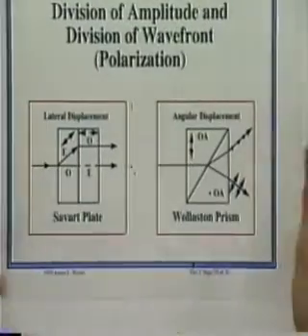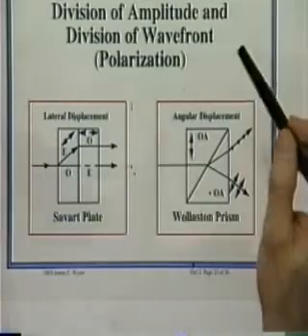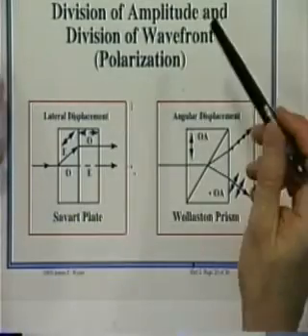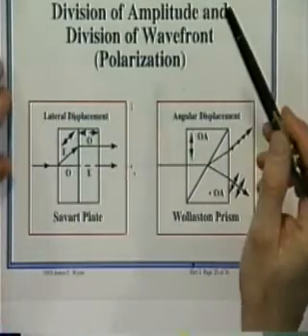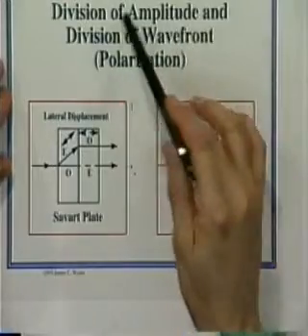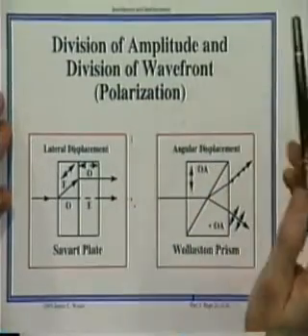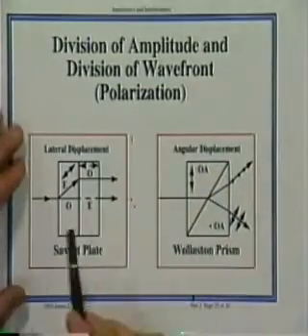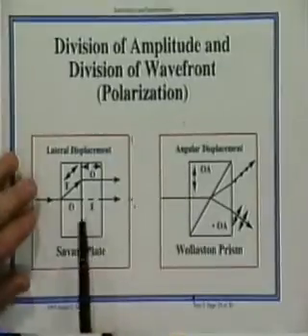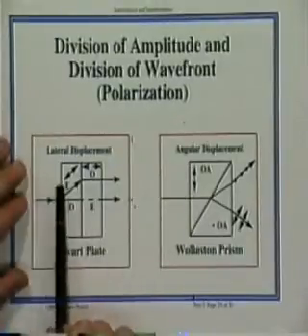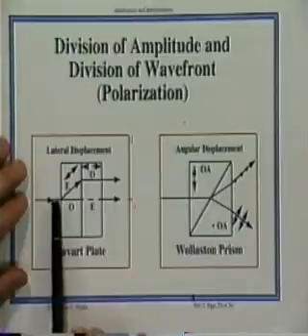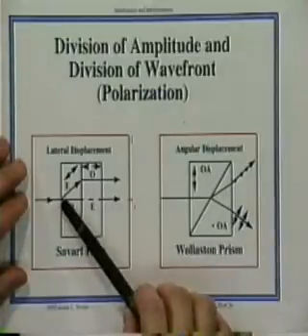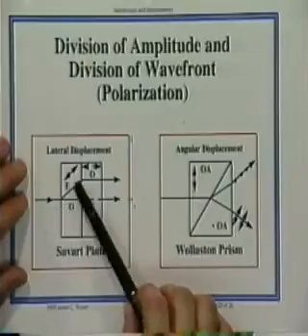Here's a couple here. There's all kinds of polarization techniques for division of amplitude. In this case, it's really division of amplitude and division of wavefront. Because in this plate, called a Savart plate, light comes in, one polarization is going to go in one direction, and the other polarization is going to go in the other direction.